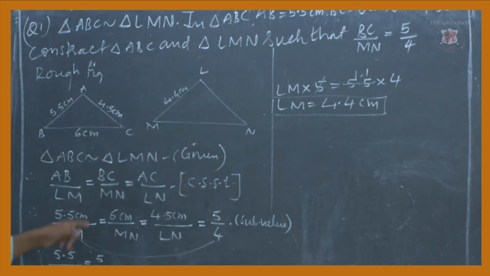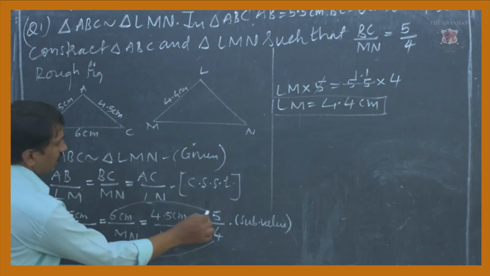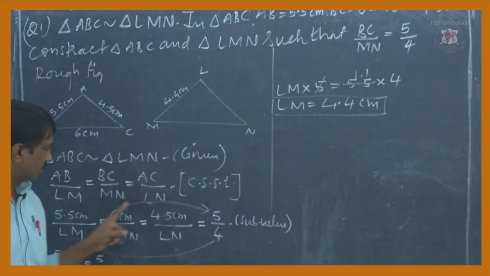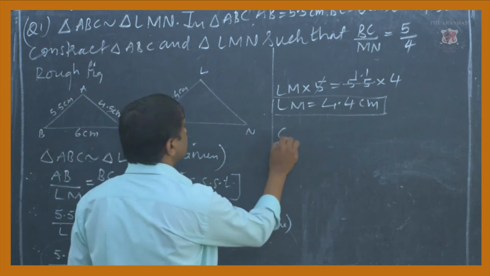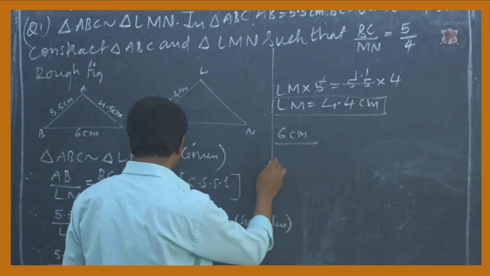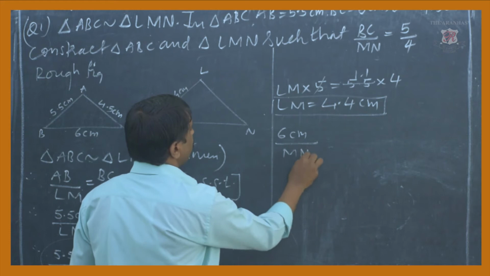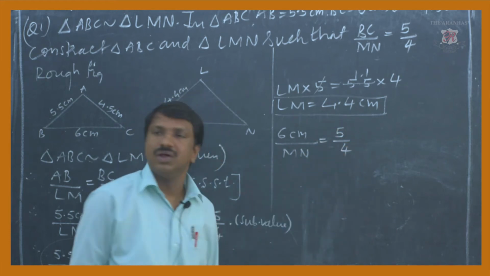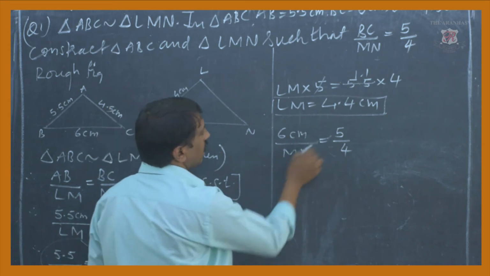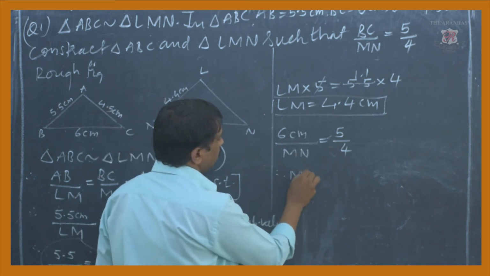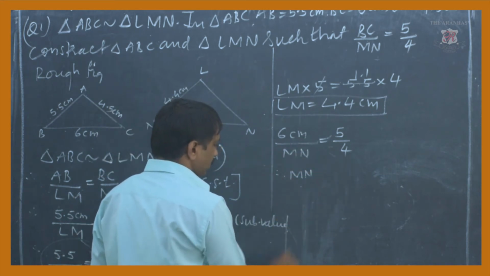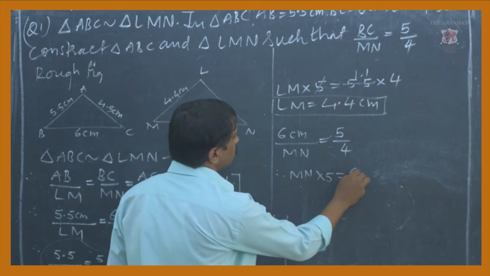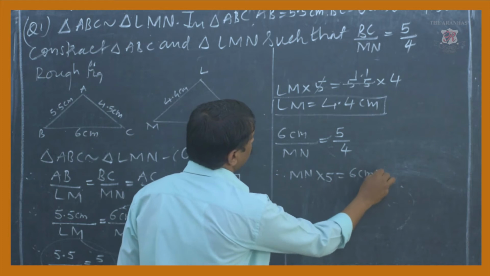Now, finding MN, we'll take the second ratio with the given ratios. So that is 6 centimeter upon MN, which is equals to 5 upon 4, and do the cross multiplication again. So what we are going to get is MN into 5, which is equals to 6 centimeter into 4.